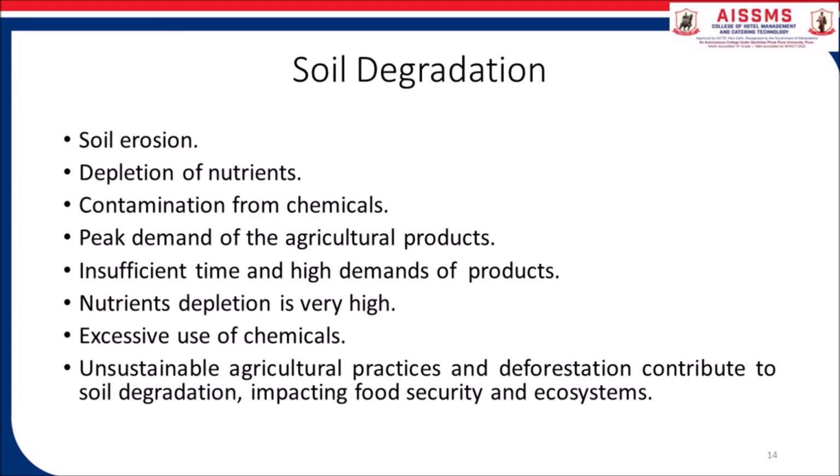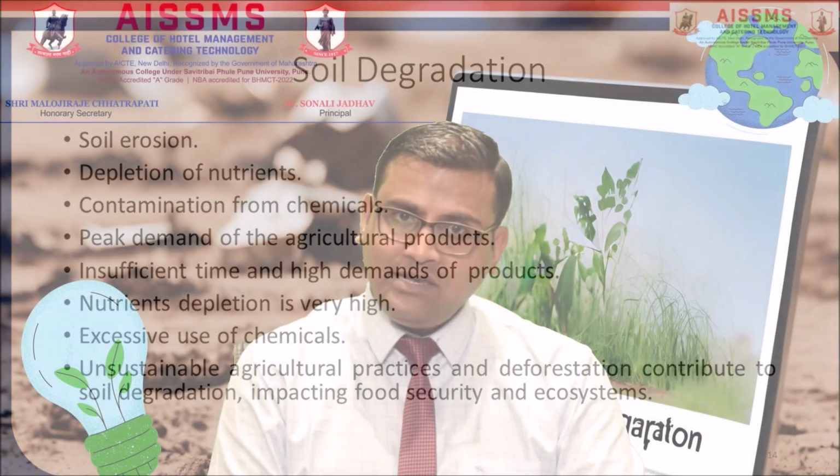Moreover, excessive use of chemicals has also affected the soil quality. Unsustainable agriculture practices and deforestation contribute to soil degradation as well, which has made an impact on food security as well as on the ecosystem.